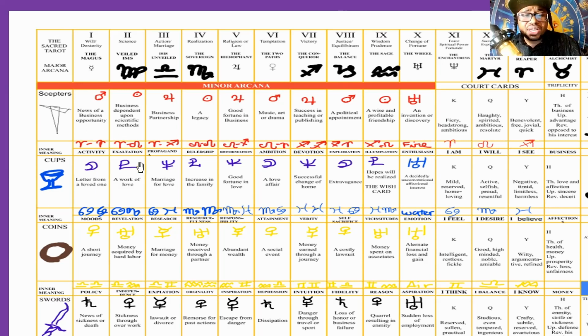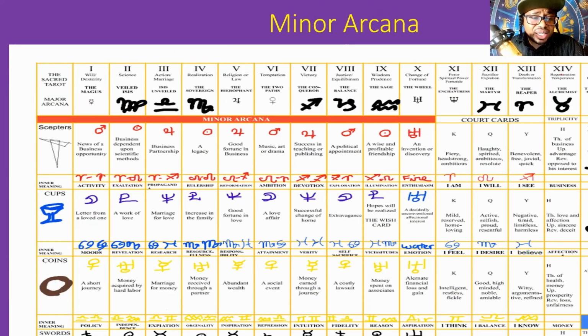So let's take for instance number 1. And number 1 is the suit of scepters. And number 1 of scepters, we'll say, is Aries, right? It's Aries in the first decanate. And so Aries in the first decanate is like Aries with Mars in it.